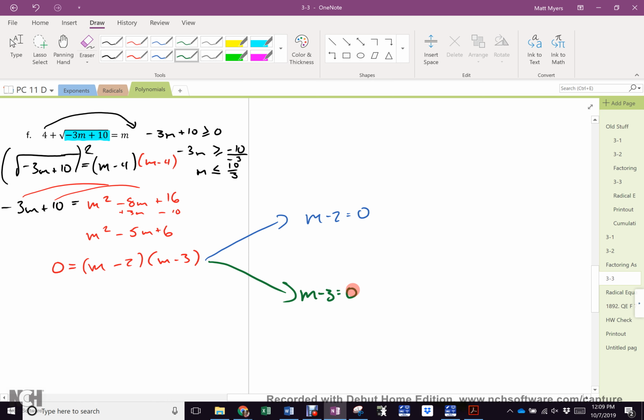Now, all of you are going to make the mistake because when you solve this, you get m equals 2. And when you solve this, you get m equals 3, right? You are all going to make the mistake of seeing, oh, negative 2, the answer was positive 2. Oh, negative 3, the answer was positive 3. All of you want to do that, don't you?